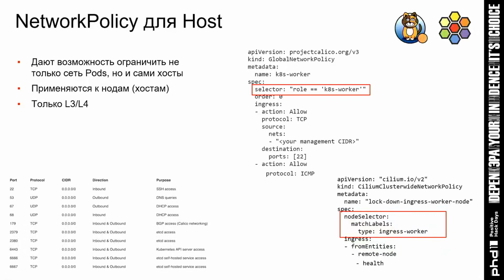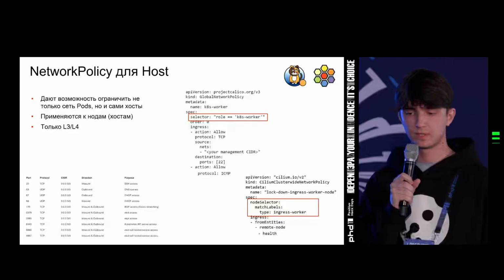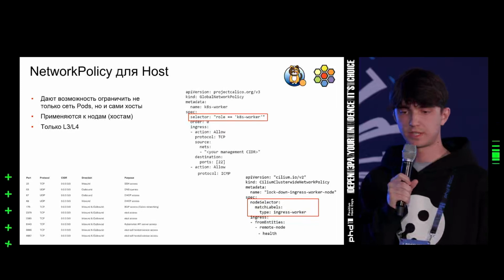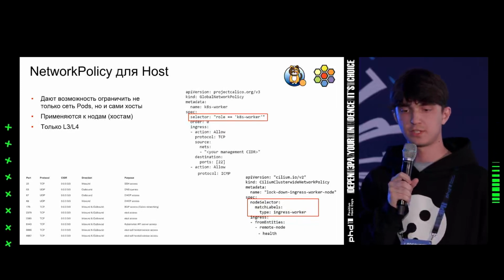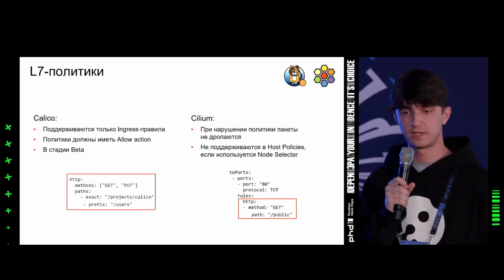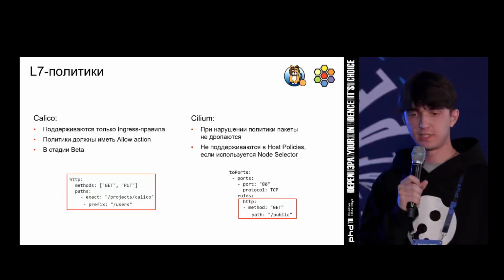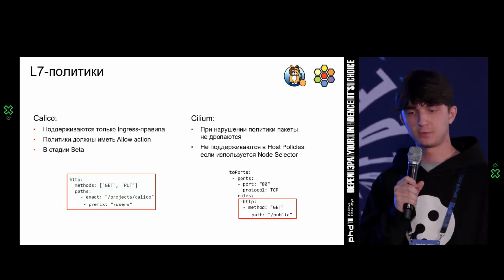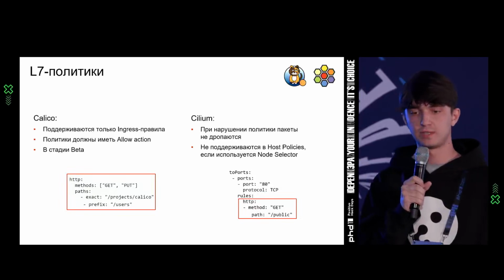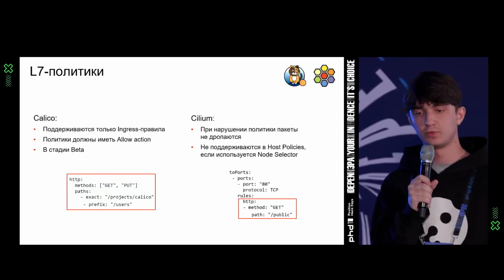In the lower left corner, you can see a screenshot of all kinds of ports that can be used for that purpose, and you can put it directly into your policy, and that way limit your traffic. But only levels 3 and 4 are supported there. L7, level 7 policies, are there in custom network policy, unlike native network policy.